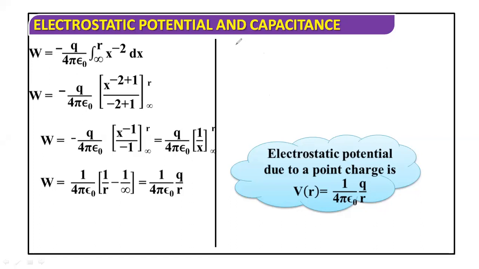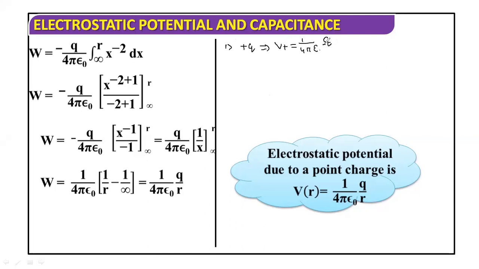The first point is that if we have a positive charge, then the potential is positive, and V is equal to 1 upon 4 pi epsilon naught Q plus upon r, because it is a positive charge.